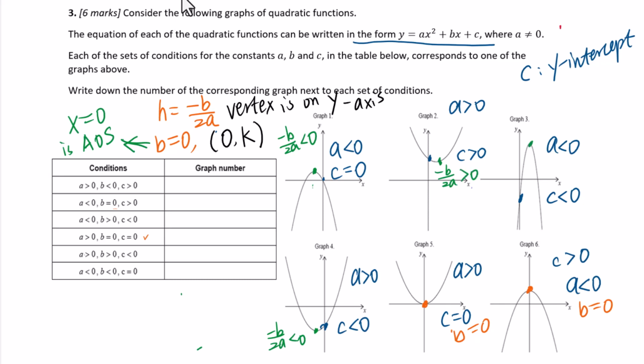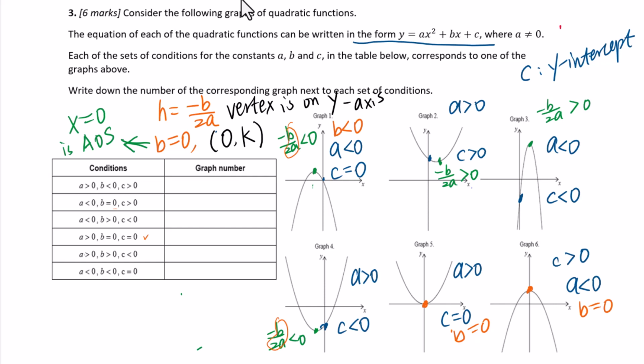Same for this vertex, negative b over 2a is greater than 0. This means b over 2a is positive. b and a have the same sign. When a is less than 0, b less than 0. Same sign for a and b.